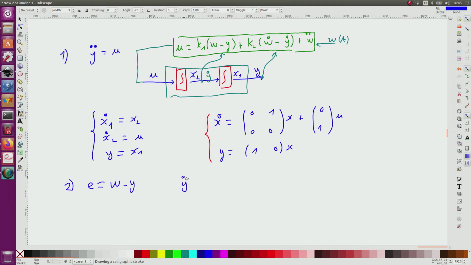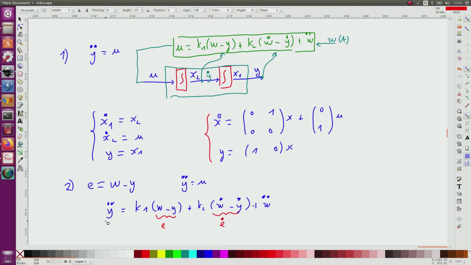Since y dot dot equal to u, which corresponds to the double integrator differential equation, I take this expression for the controller and I obtain y dot dot equal to k1 (w minus y) plus k2 (w dot minus y dot) plus w 2 dots. Now this corresponds to e. This corresponds to e dot.